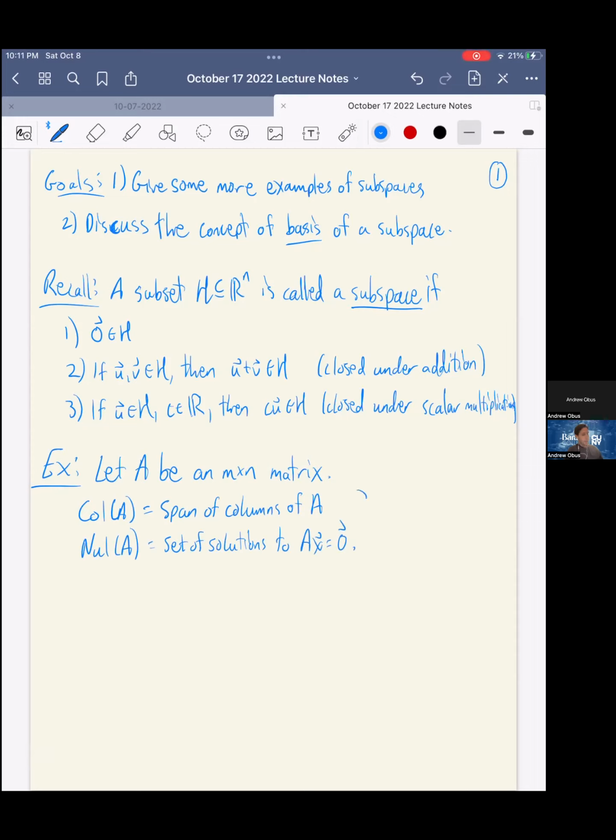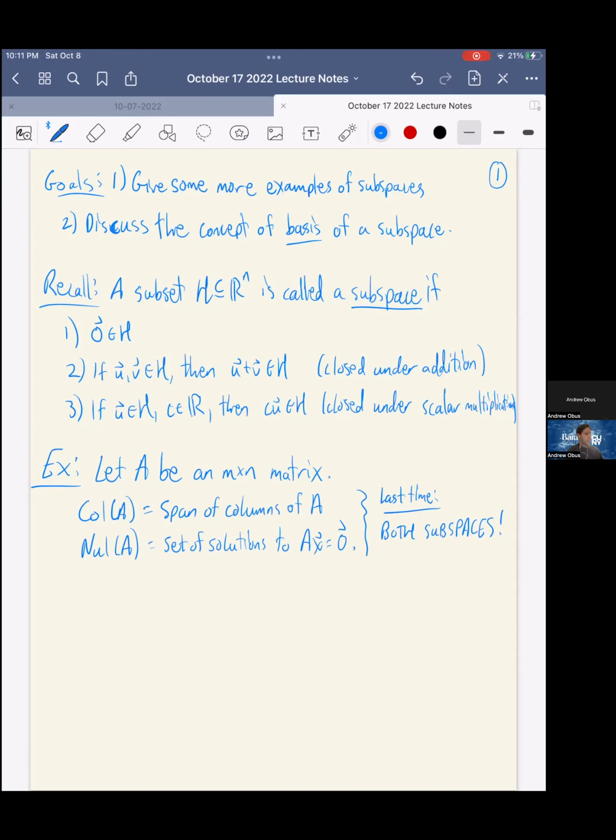What we showed last time is that these are both subspaces: for any matrix A, its column space and its null space are both subspaces.